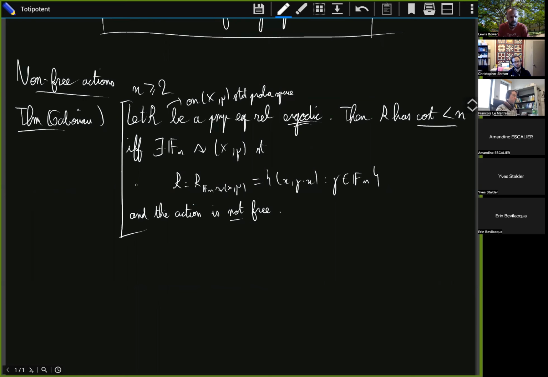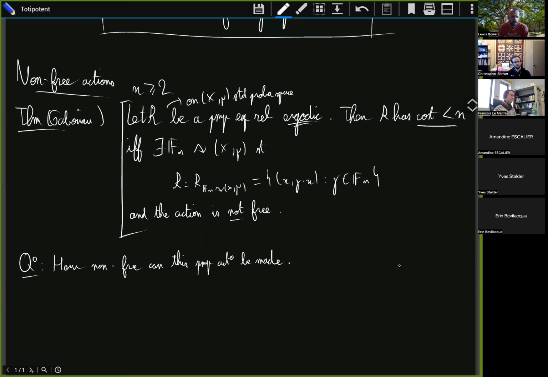The basic question I want to ask in this talk is: how non-free can this PMP action be made? The initial hope is that by considering the degree of freeness of the action, maybe you could get some new invariants of equivalence relations.